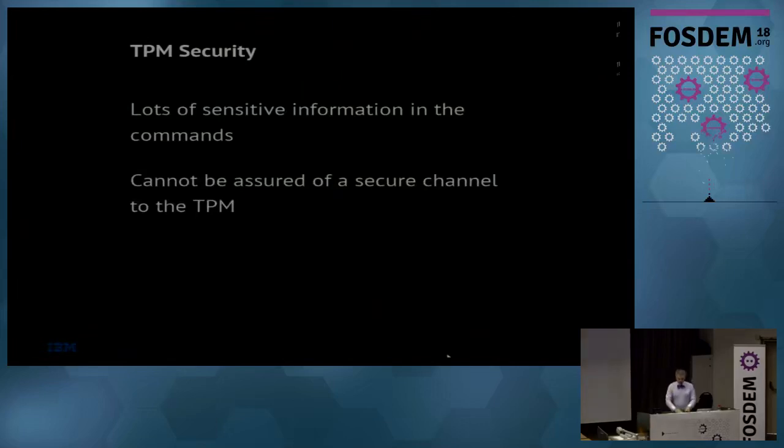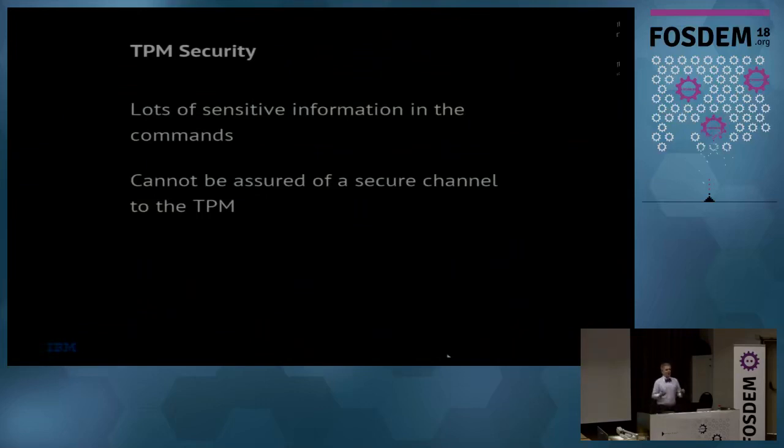One of the useful things about TPM 1.2 is that you couldn't get an insecure channel to the TPM. Whenever you were passing private parameters, the commands themselves required that you set up a secure channel, which was very easy. TPM 2.0 has what's called the easy button, where you can actually send commands in the clear to it because you pretend you're talking to it over a secure channel.